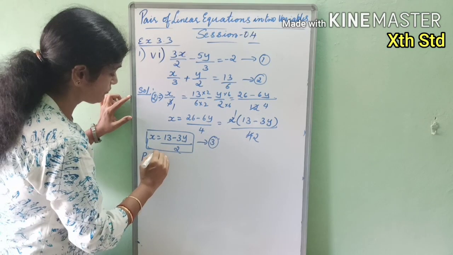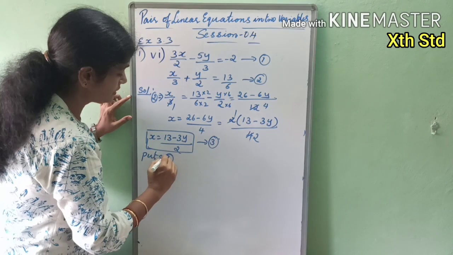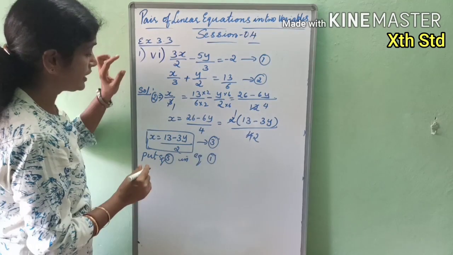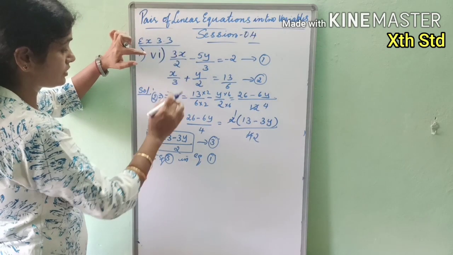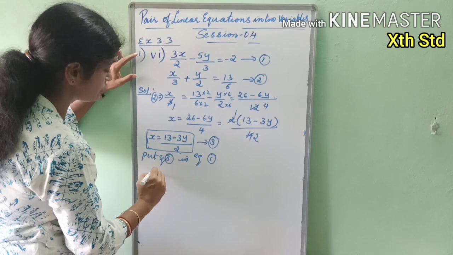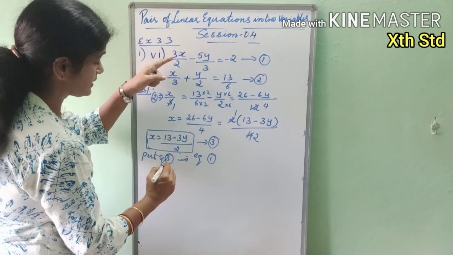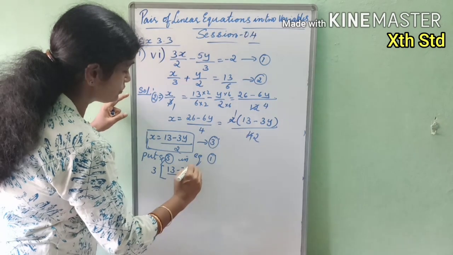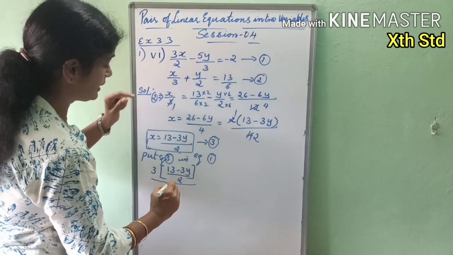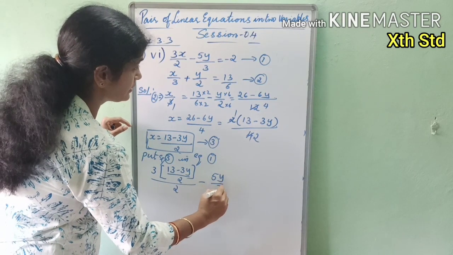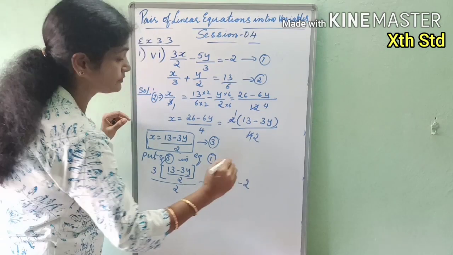Put equation 3 in equation 1. What do we get? In place of x, this thing, 13 minus 3y by 2, has to come. So 3 into (13 minus 3y by 2) whole divided by 2, minus 5y by 3 is equal to minus 2.